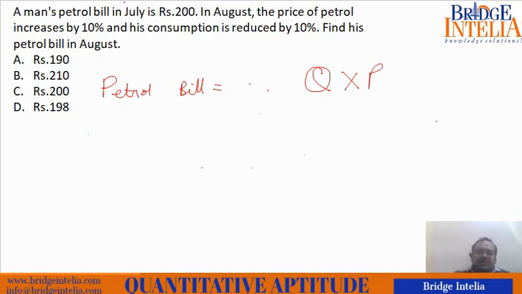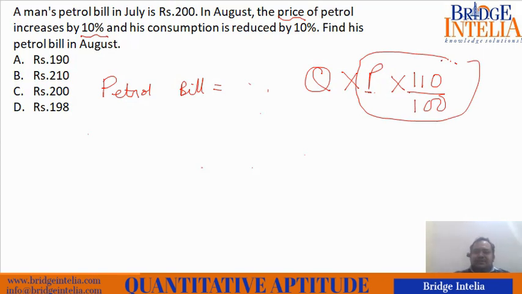What is the question? The price increases by 10%. So if price is increasing by 10%, it's like you multiply price by this number. So this indicates that price is increased.